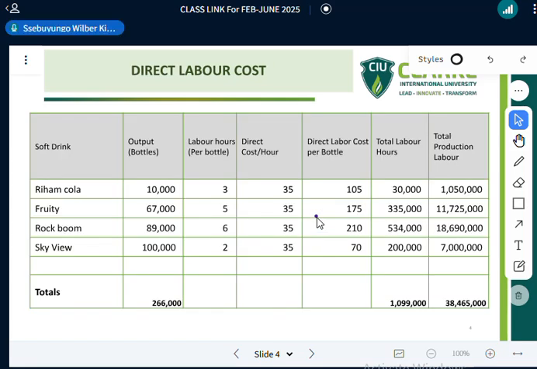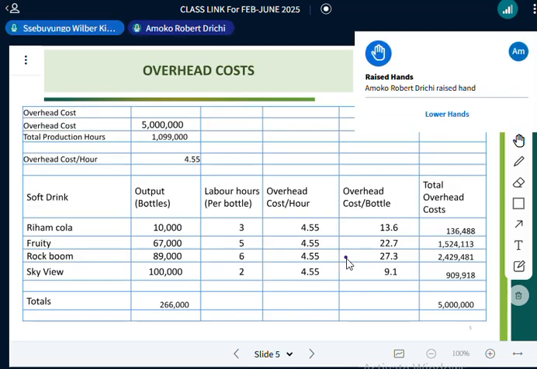And then our other element was to get direct labor cost per bottle. Then we have it here, per bottle. That's the second element. Now the third element is the overhead cost per bottle. We have it here also.